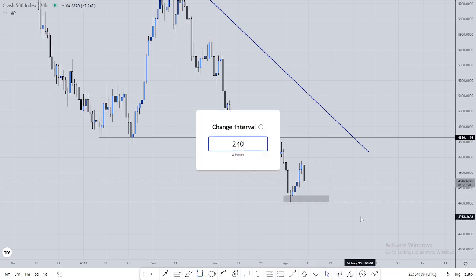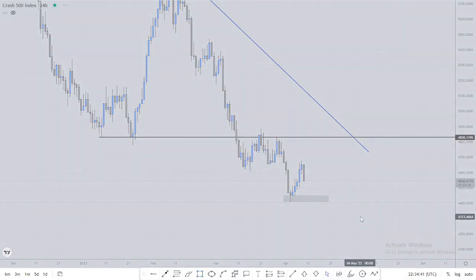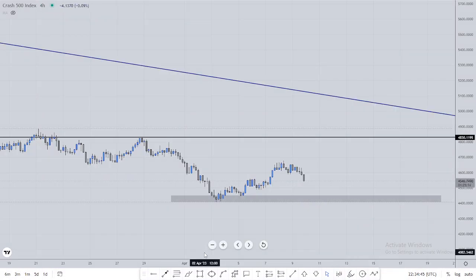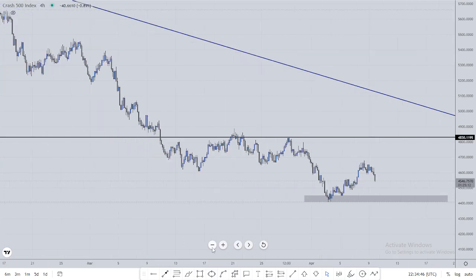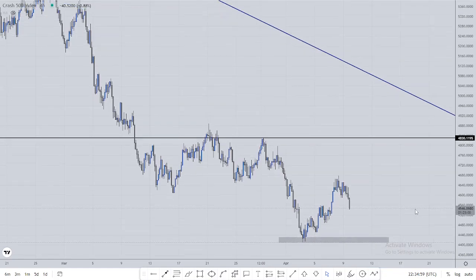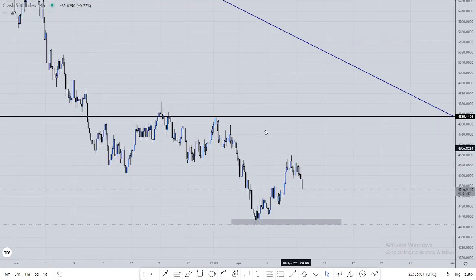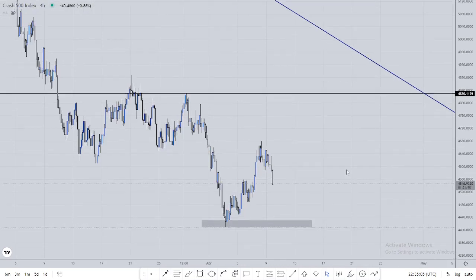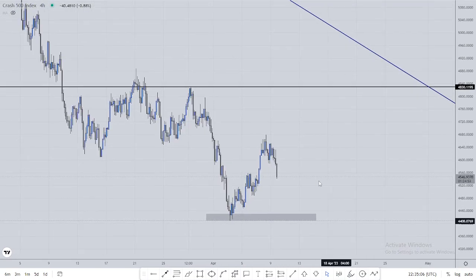Right, so going down to lower time frames, we're simply going down to look for confirmations of the entry point zones that we are waiting for. So if you check, the market has been downtrending, right? That's a fact.